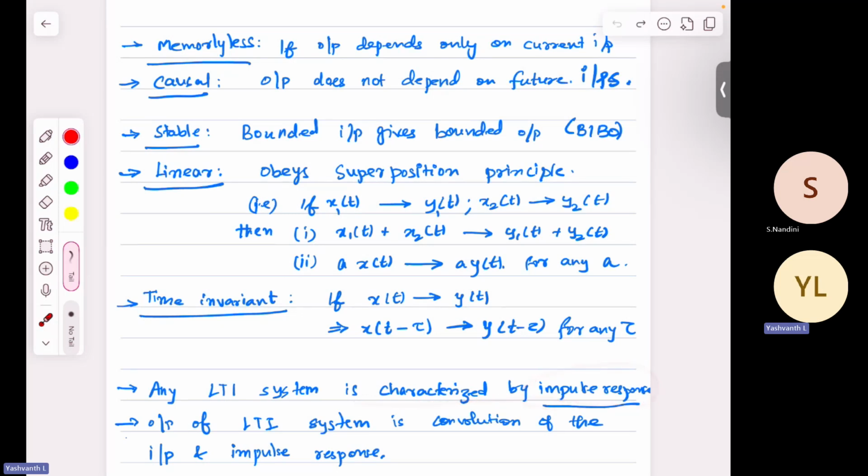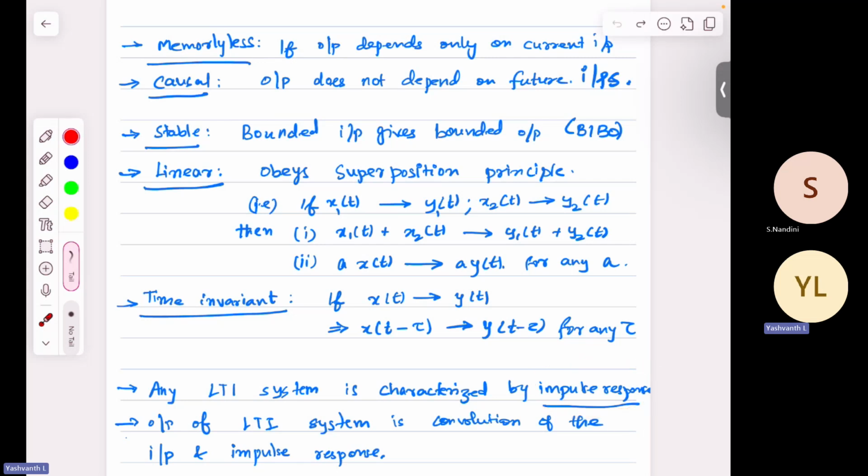These are very special systems for which you can completely characterize the behavior. For any kind of input, you can predict the output even without passing that signal as input and measuring the output, just because you can characterize any LTI system using the impulse response.